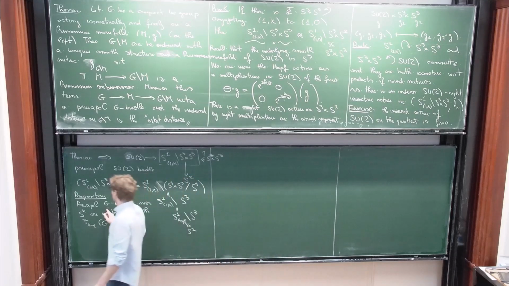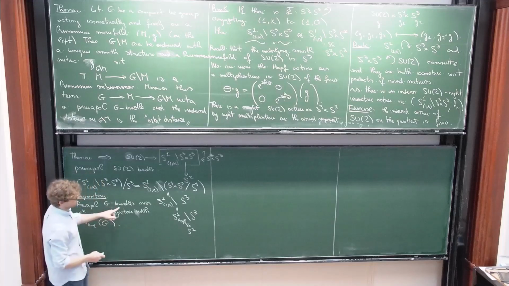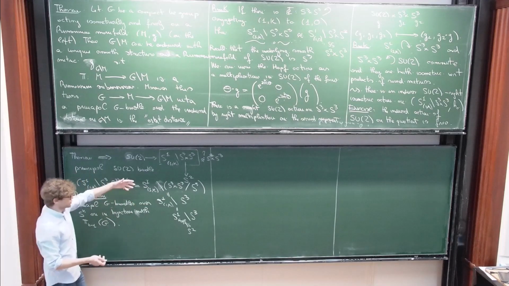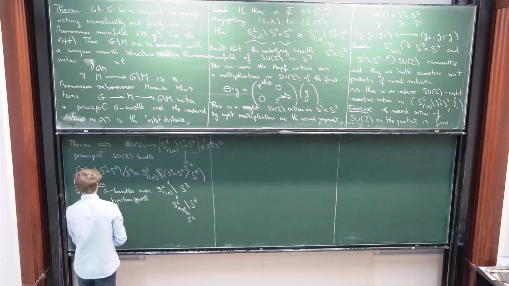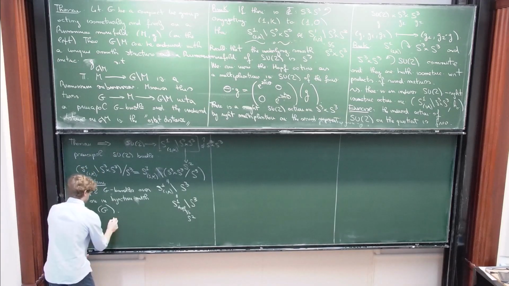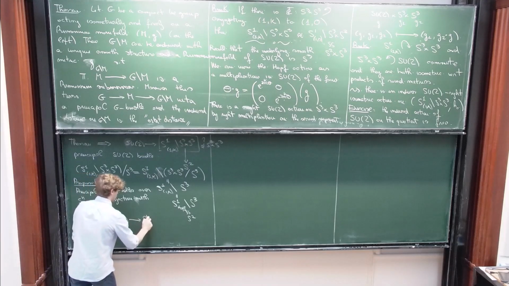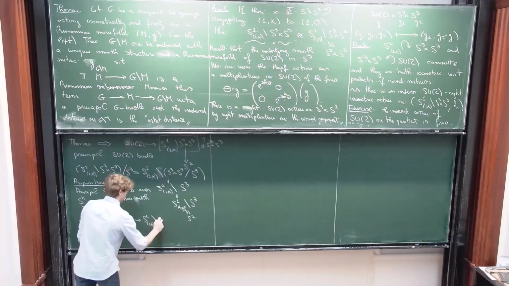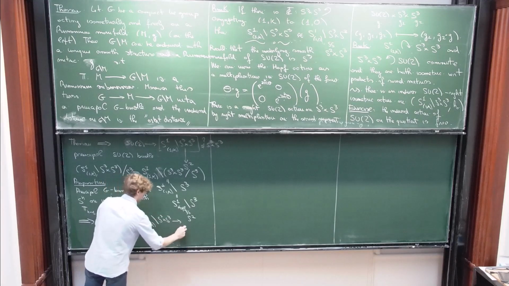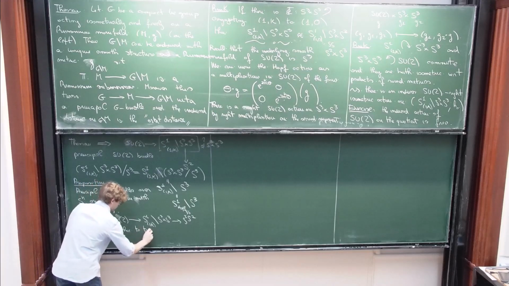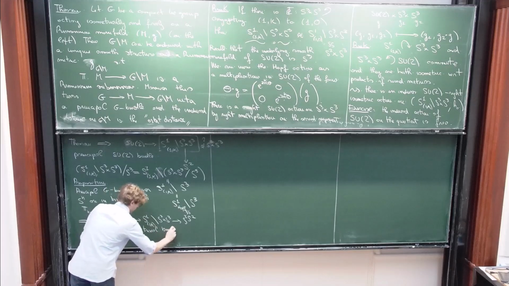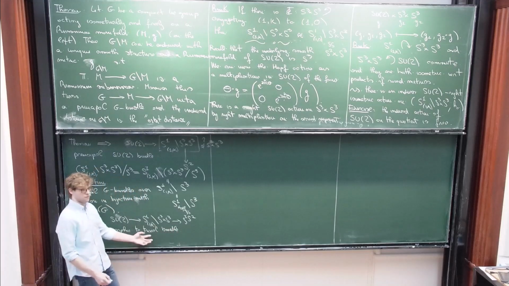So principal S3 bundles over S2, like this one, are in bijection with the pi_1 of the group, which is trivial. So this implies that this bundle is isomorphic to the trivial bundle, which is the product of S2 with S3.